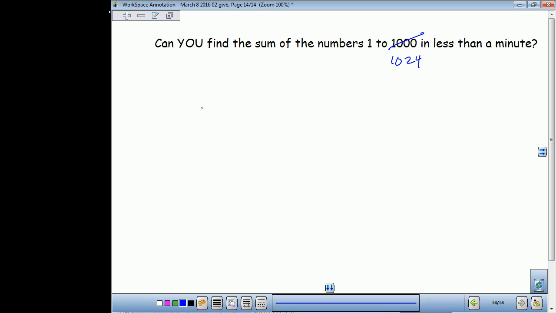30 seconds remain. And time is up. Okay, if you have written down on your paper, 524,800.